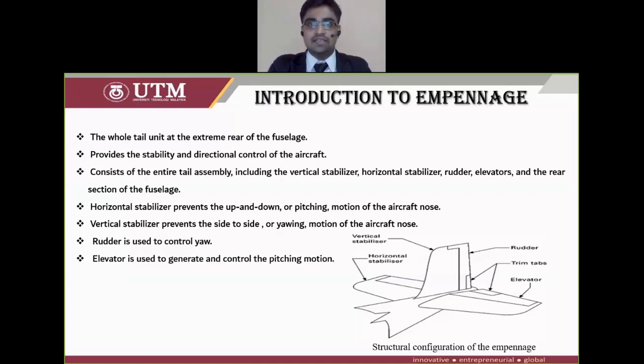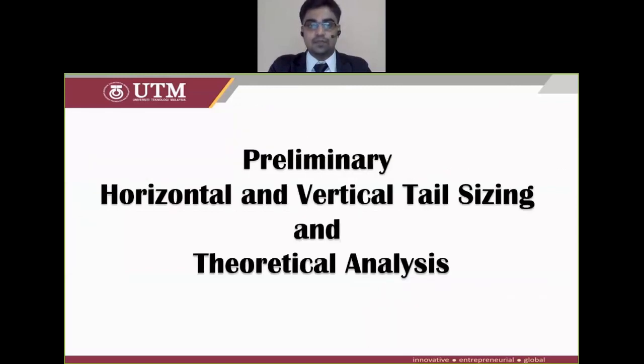It consists of the entire tail assembly, including the vertical stabilizer that prevents the side-to-side or yawing motion of the aircraft nose, the horizontal stabilizer that prevents the up and down or pitching motion of the aircraft nose, the rudder used to control yawing motion, the elevator used to generate and control the pitching motion, and finally the rear section of the fuselage.